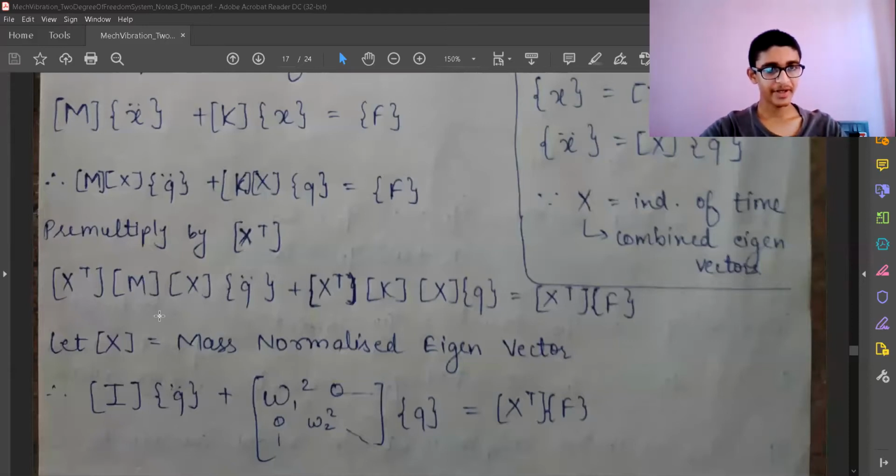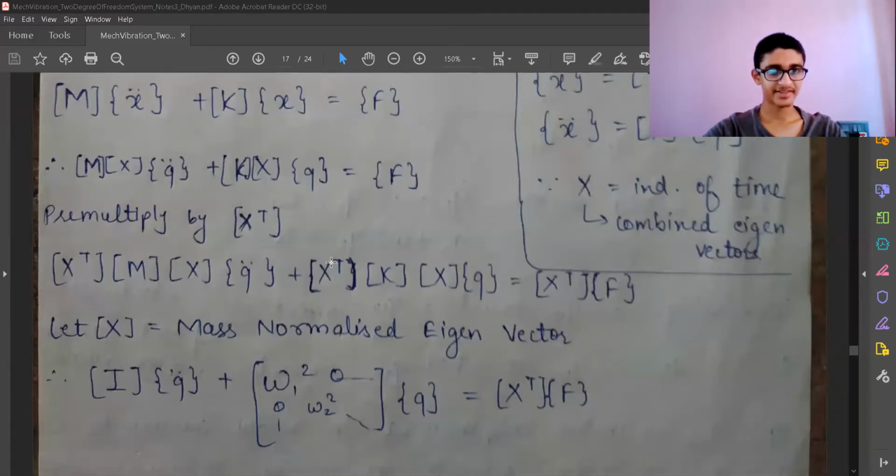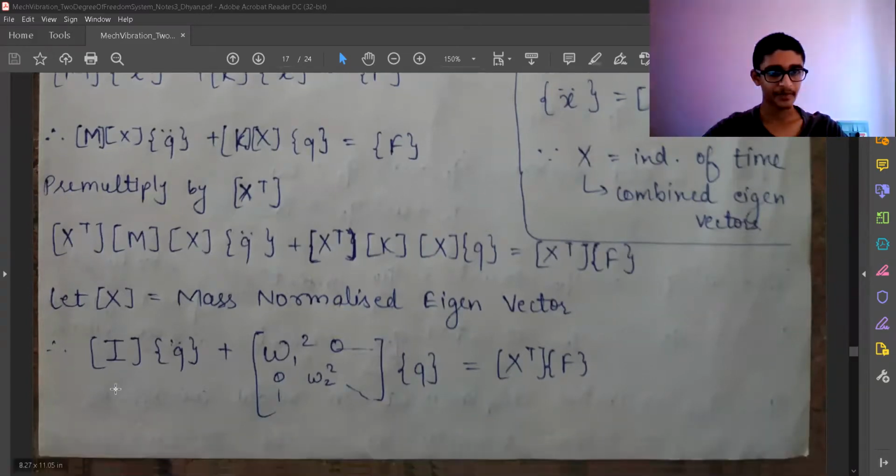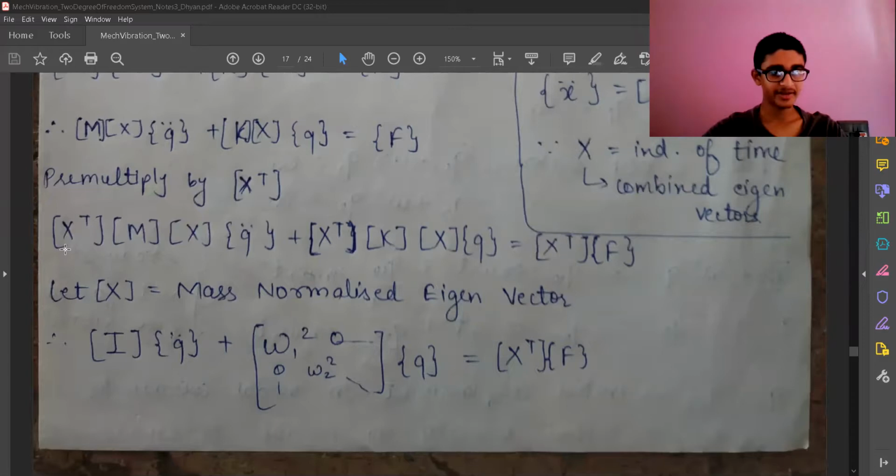We have simplified this system and pre-multiplied with X transpose. We know that X transpose M X is an identity matrix because the X are mass normalized eigenvectors, and X transpose K X is the omega square matrix, a matrix with the eigenvalues omega square as its diagonal entries, and the right hand side is as it is.